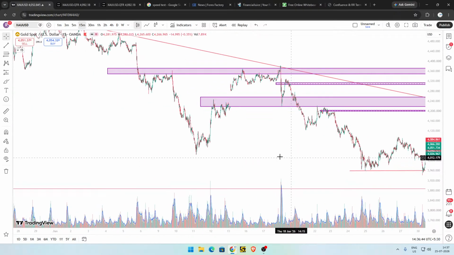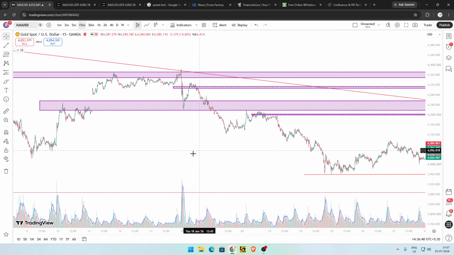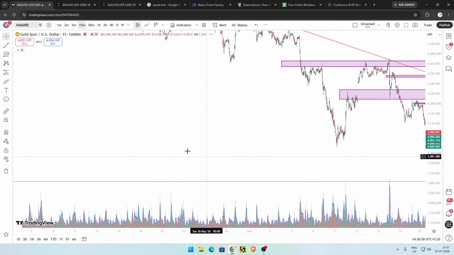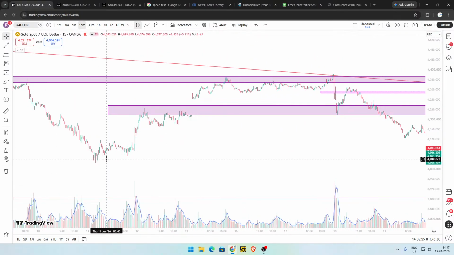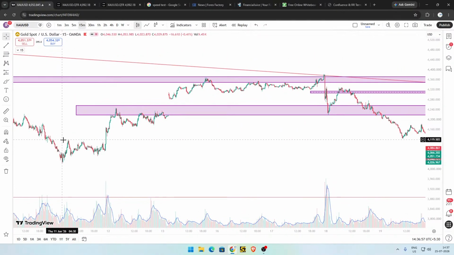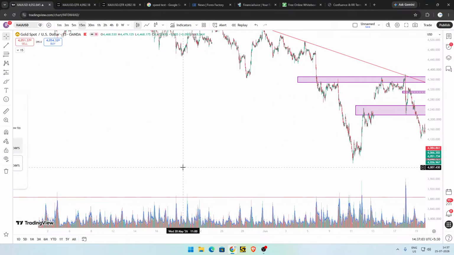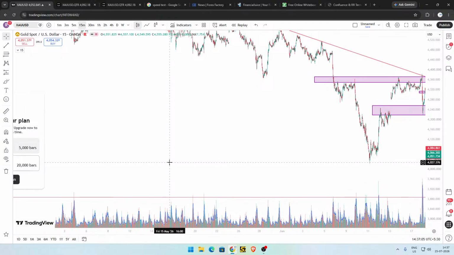So see, this setup was formed in June. There was no proper support or resistance. That is why this setup formed, but it was not a very favorable one.